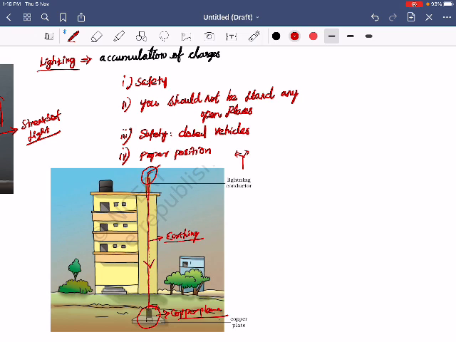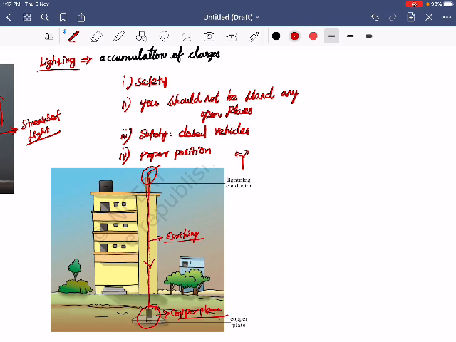Okay, so when lightning is produced, it carries a large number of charges and passes them to the earth surface. Here the copper plate will absorb all the charges, and the earth also consists of a lot of charges, so the charges nullify each other. At that time there will be no effect and no collision.